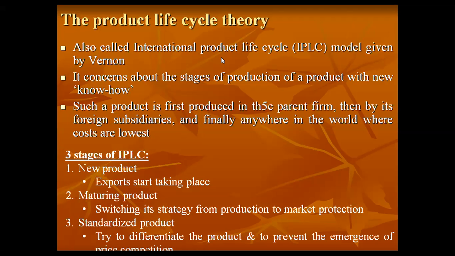The other limitation is that rapid technological development may not shift production to various foreign countries. When technology is changing very fast, that brings many changes in manufacturing. So this may not shift the production to various foreign countries.